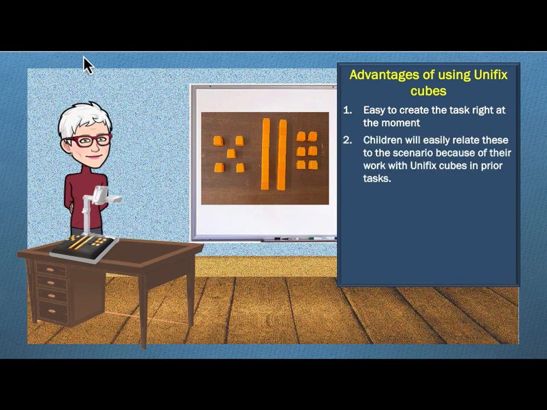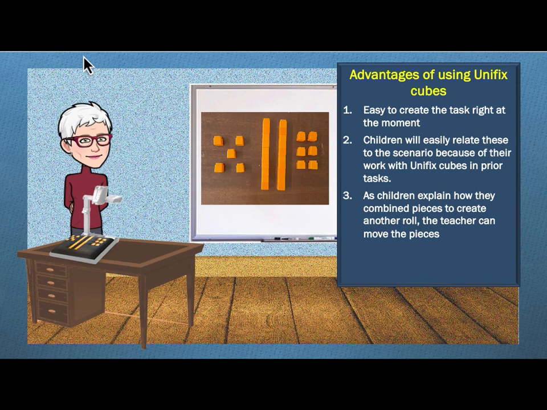A second advantage is that children will easily relate these to the scenario because of their work with Unifix cubes in prior tasks. The third advantage is that as children explain how they combined pieces to create another roll, the teacher can move the pieces around to show that. For example, the teacher can demonstrate Danielle's solution by actually moving the pieces like this.